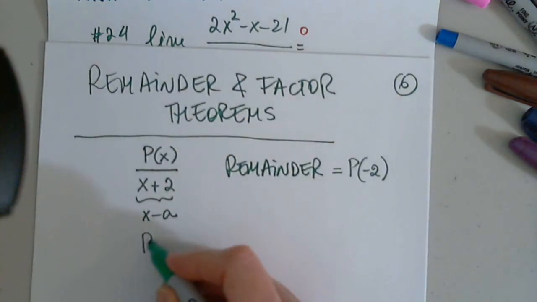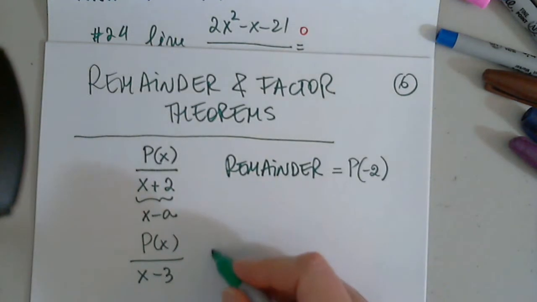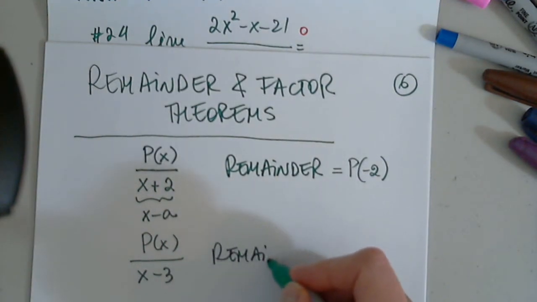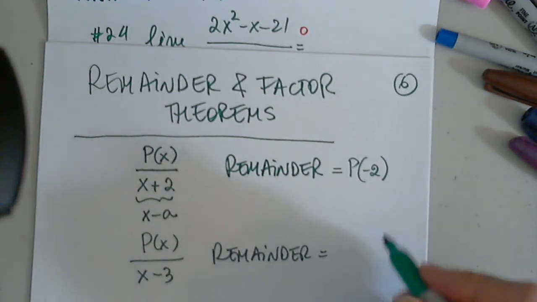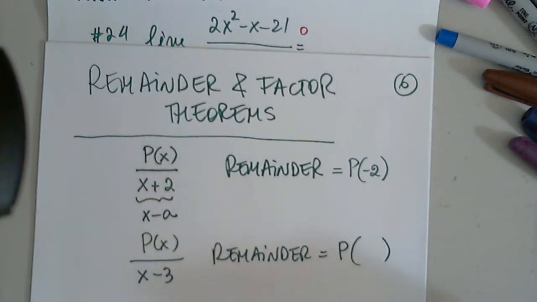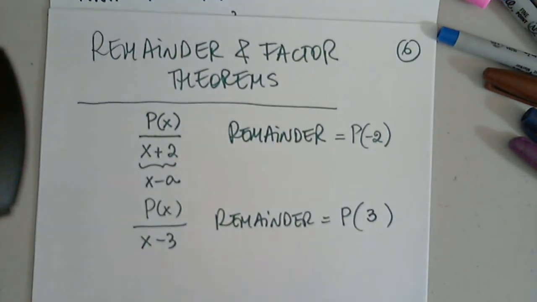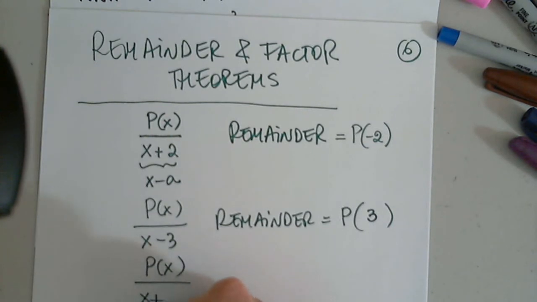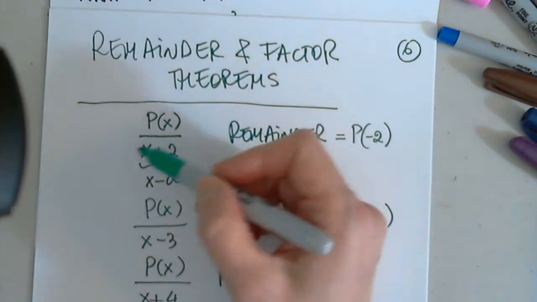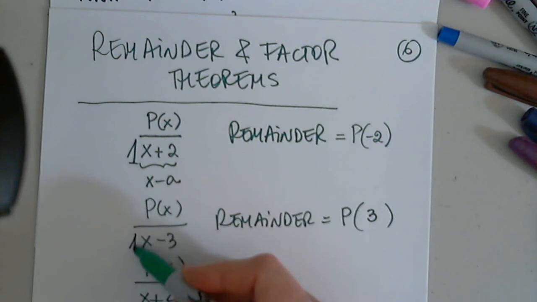If I have a polynomial divided by x minus 3, the remainder will be p of what? Can anyone tell us? 3. Exactly. Another example, just for you to understand what I'm trying to say. P of x divided by x plus 4, the remainder, and remember, this is always 1 in front.